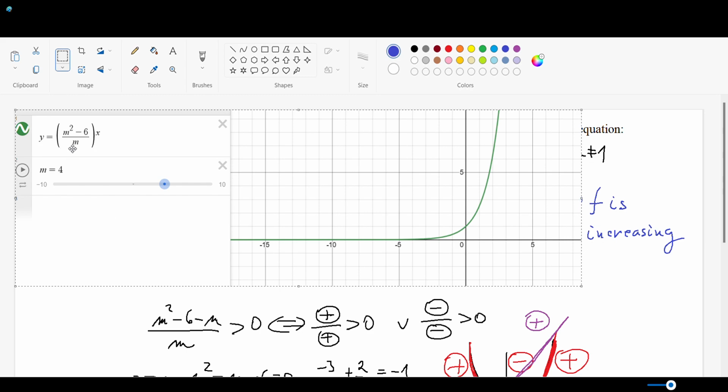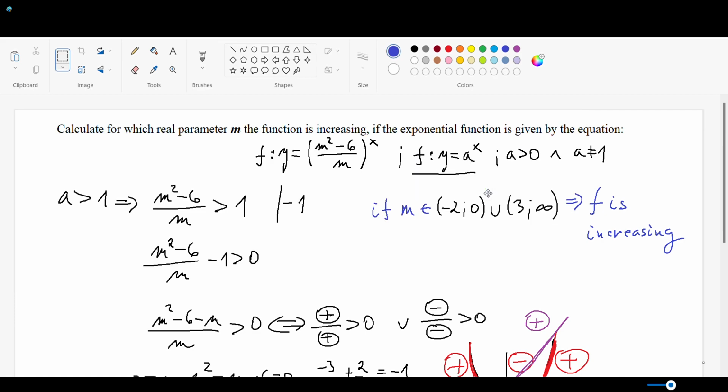Here is our exponential function, and by moving this slider, the blue dot, to the left or to the right, the value of the m parameter will vary, and you will see that the shape of the graph will change. So for example, here is again the proof that if m is equal to 4, the function is really increasing, and m being 4 is really from the interval where m is okay, and the function is then increasing.